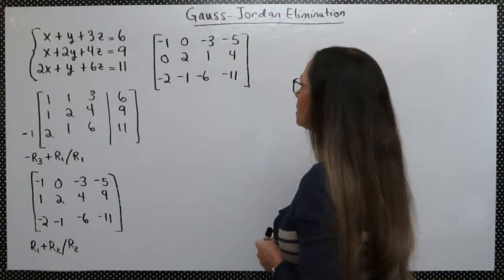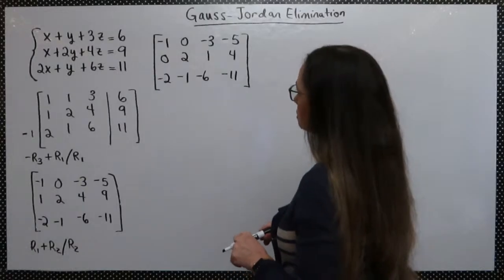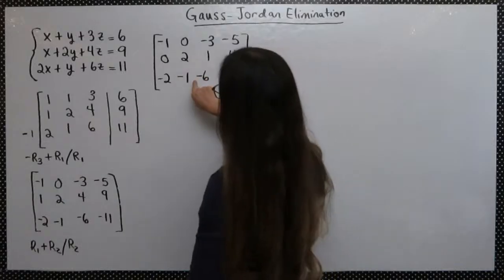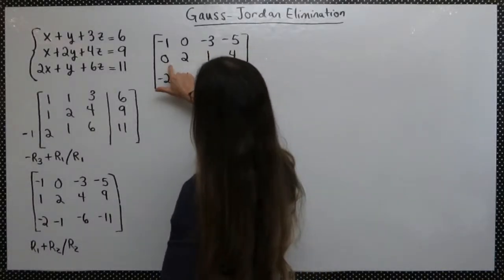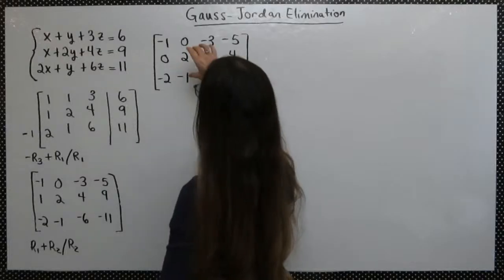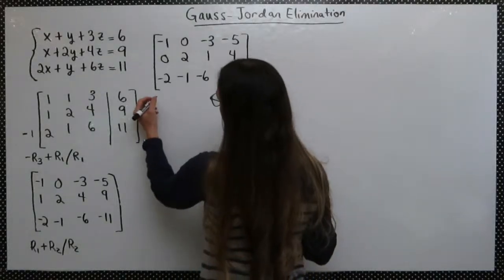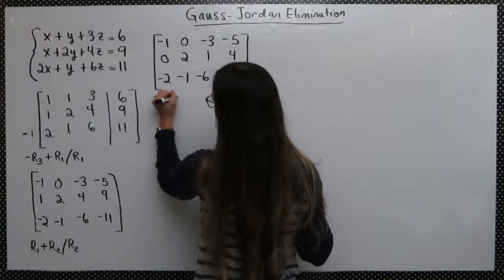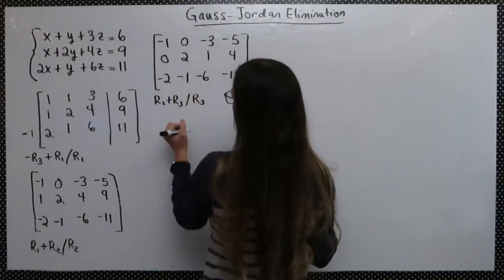All right, so let's see what else we can do. I can make this one 1 by adding these two, but I don't want to get rid of the 0. So if I do that, I'll replace row 3. So let's add row 2 plus row 3 and replace row 3 this time, and see what happens.